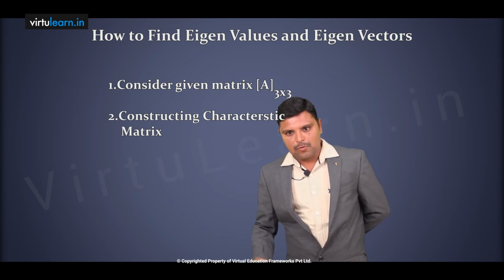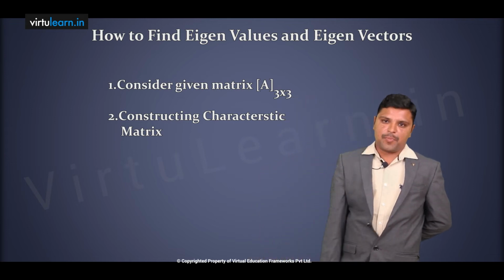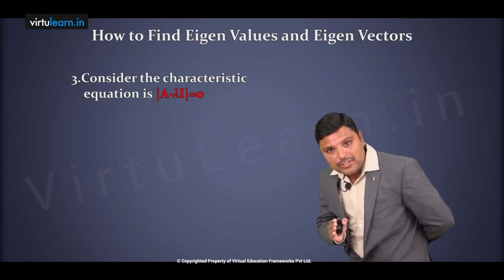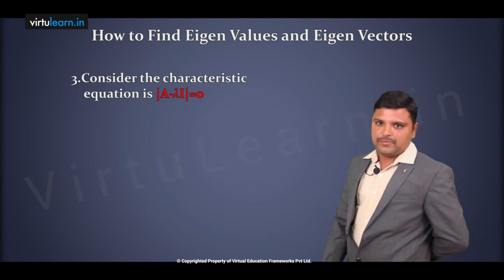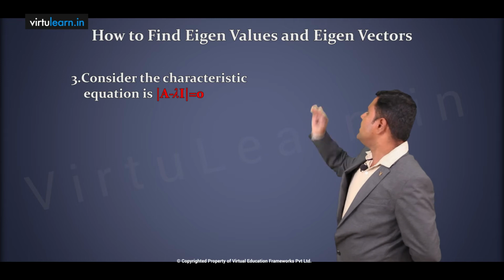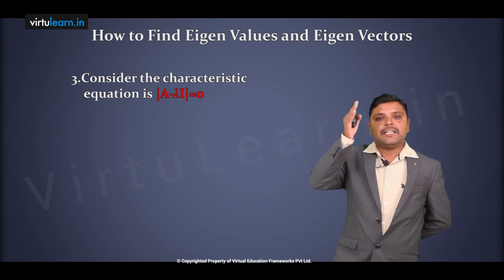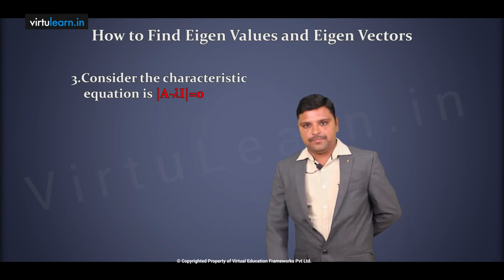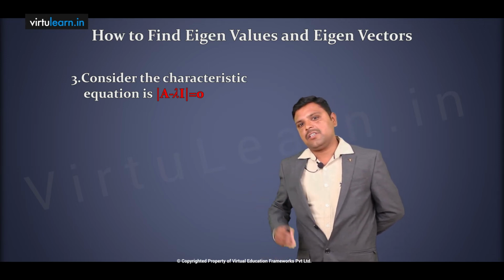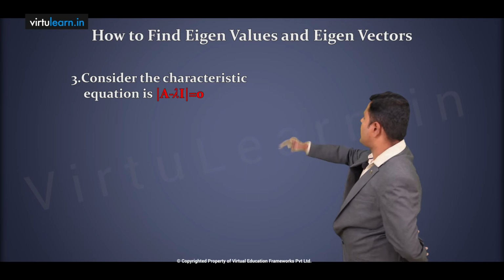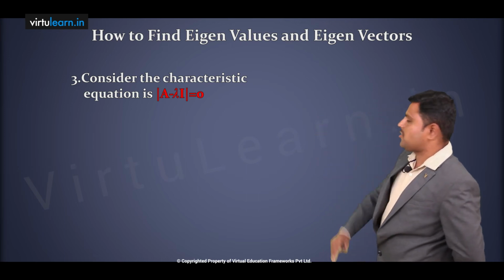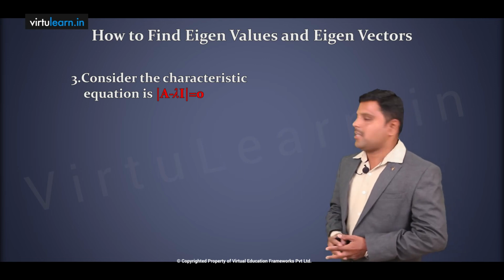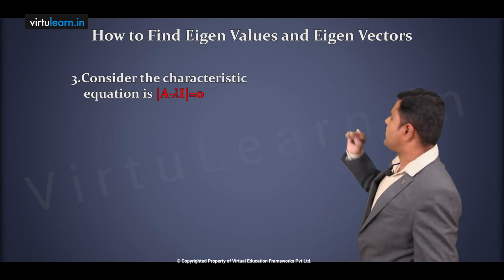Right? Now observe this one. What is the third step? Third step is you take the determinant of the characteristic matrix. Now determinant of A minus lambda I. The same matrix whatever we have taken as the characteristic matrix, we are considering the determinant of that matrix.